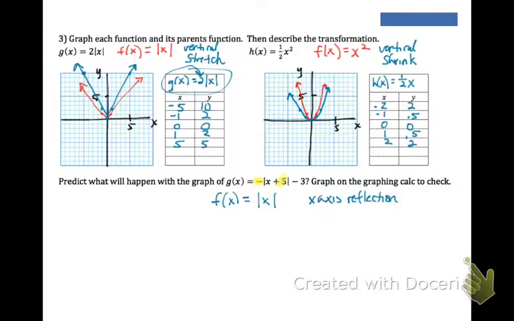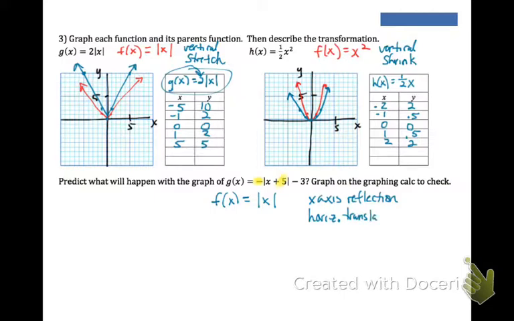We have a value of 5 that has been added to the x. So when you have a value added or subtracted to the x, that's going to cause a translation left or right. So this is going to be a horizontal translation.